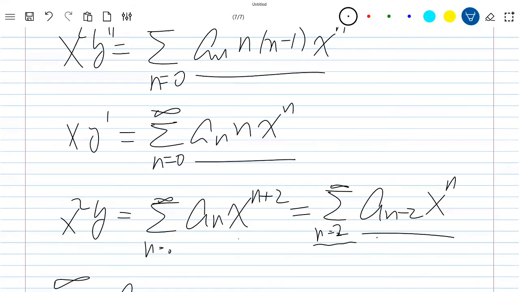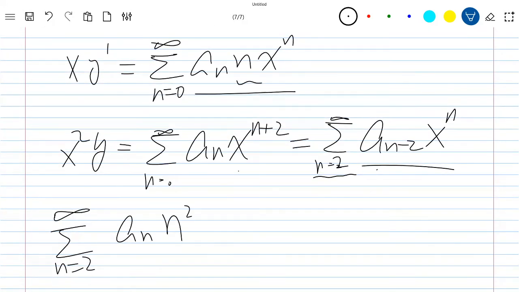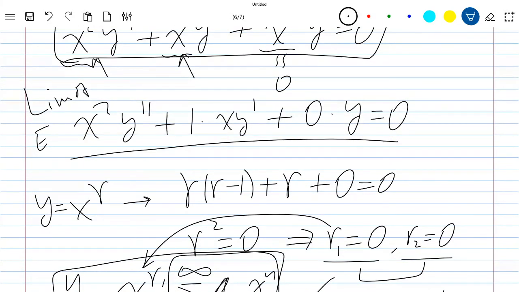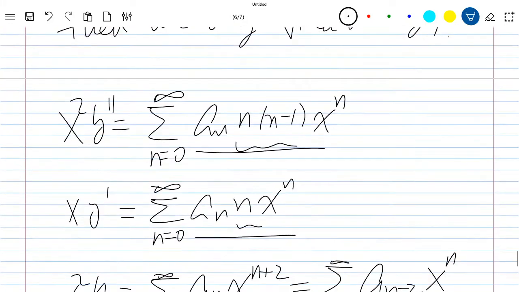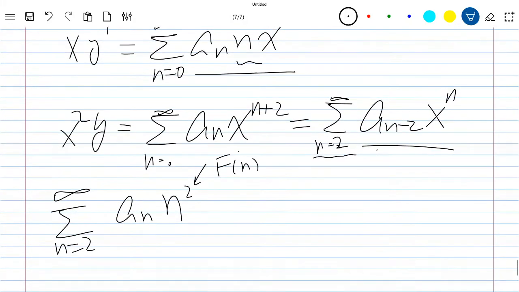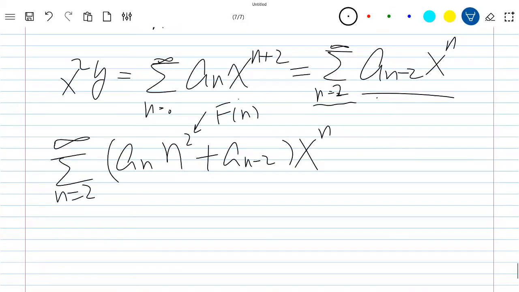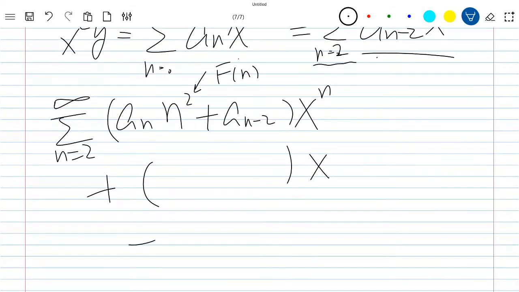You have a_n. If you add up this with that, you get n squared minus n plus n, so it's just n squared. And by the way, this is just f of n, right? Because f of r is just r squared, if you remember that. So this is f of n. Then you have plus a_(n minus 2) x to the n, and you have 2 extra terms for x and a constant.